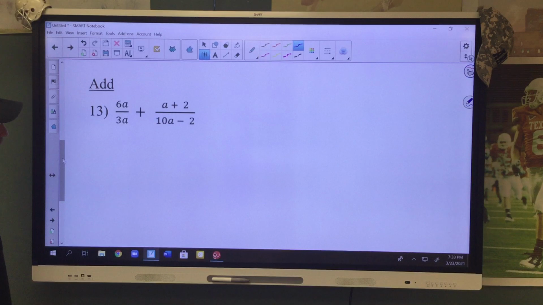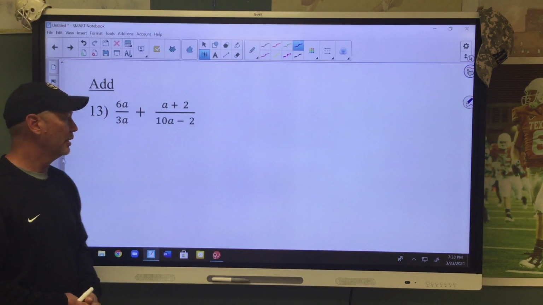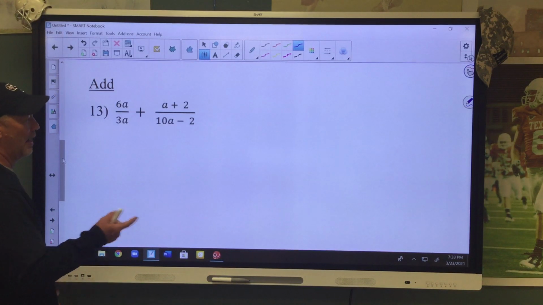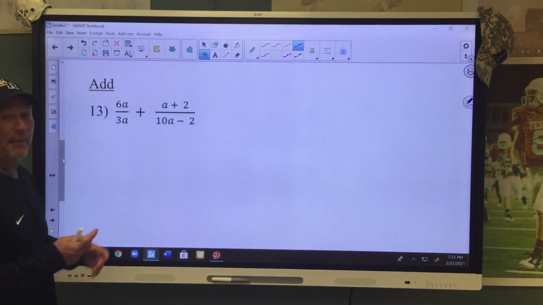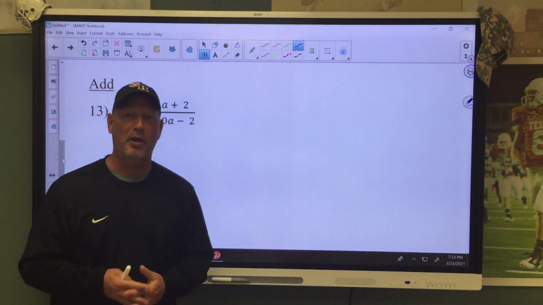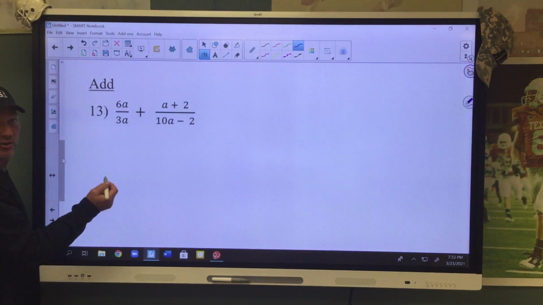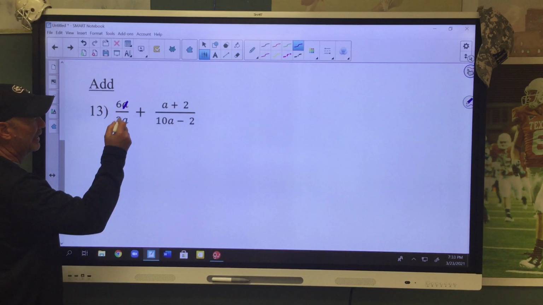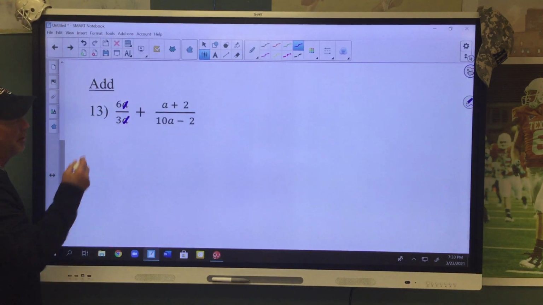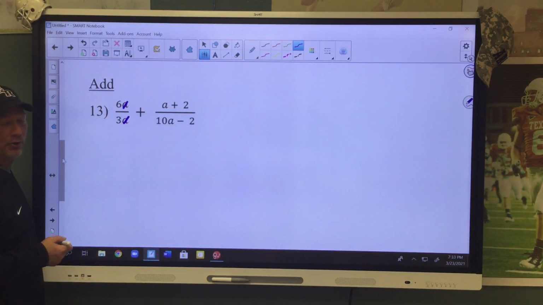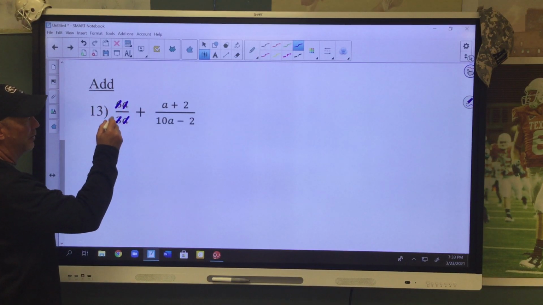Adding. To add, you're going to need a common denominator. In this situation, I'm going to reduce first. You need to look at your problem to see if you can reduce. Look what we have in the first fraction. My a's can cancel. My 6 over 3 can reduce to a 2 over 1.